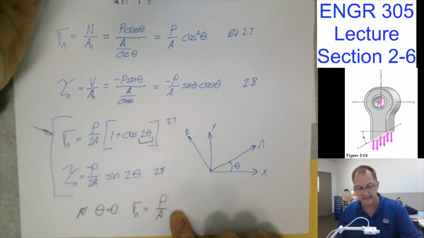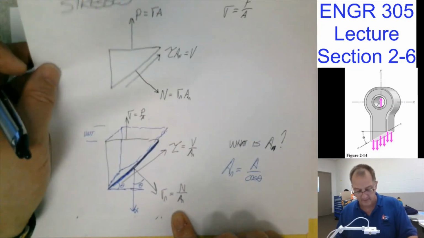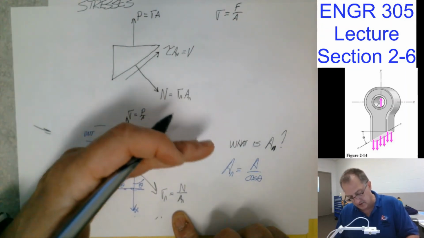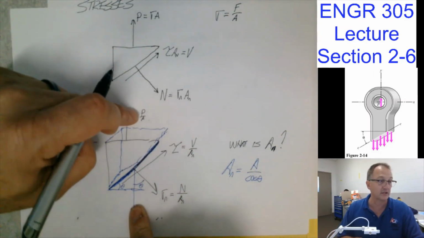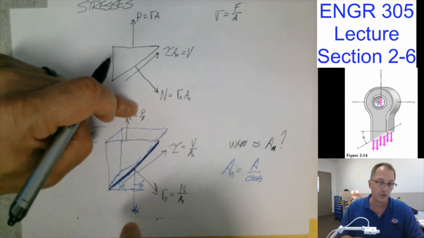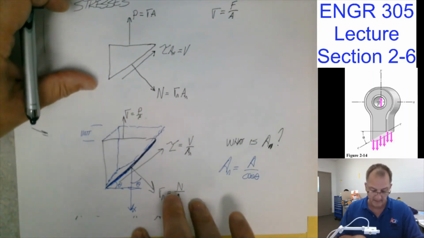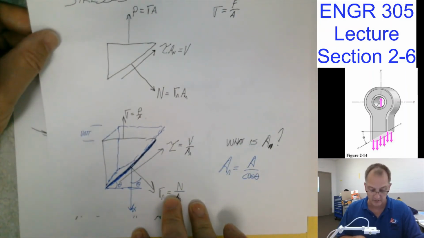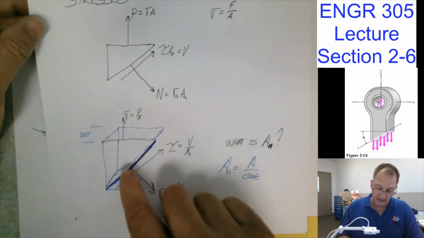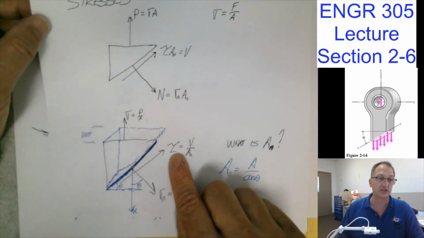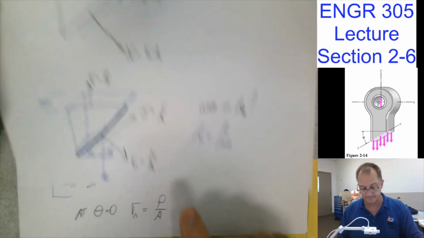What that says is, if I go back to my picture, if that angle goes to 0 and these faces are parallel, that's when I'll have my largest normal force. That makes sense. At any other angle, it's getting smaller and it's transitioning into shear. It's starting to look like shear.